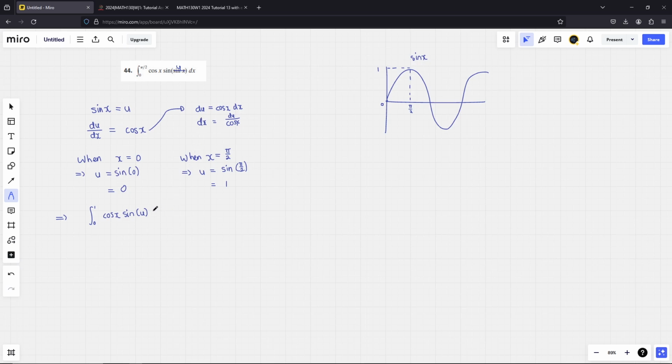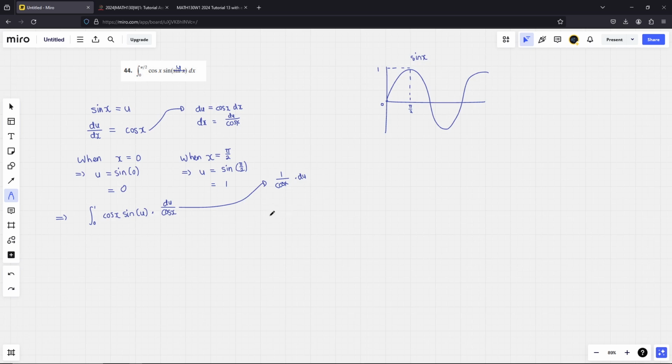So now subbing in dx, we get du divided by cos x. Basically, I have 1 over cos x multiplied by du. That's the exact same, because if I multiply by du, then I take it to the numerator.